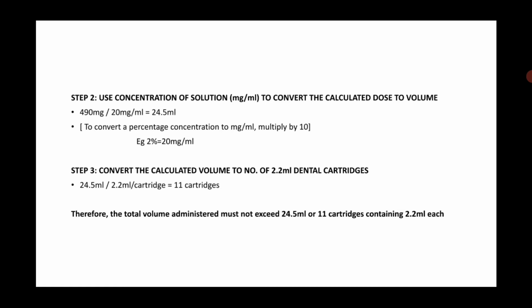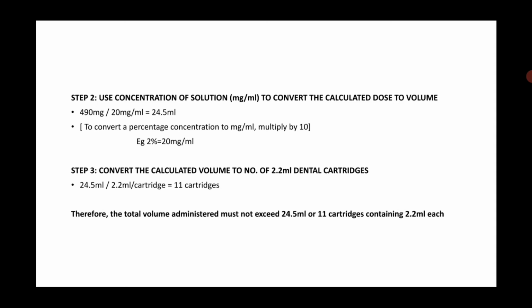To convert any percentage into milligrams per milliliter, multiply it by 10. So 2% lidocaine is 20 milligrams per milliliter. Now you have converted the percentage solution into milligrams per milliliter.